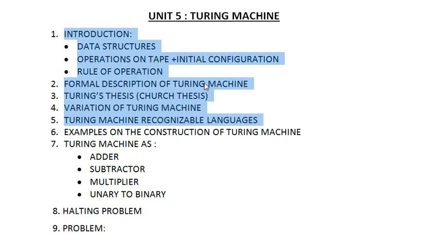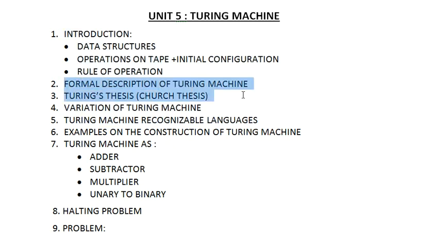These are basically the introductory topics. Then an important topic is the formal description of the Turing machine. And Turing's thesis, or Church's thesis: what two conditions he explained is a very important question for students pursuing BTech examinations, so during examinations this question is an important one.